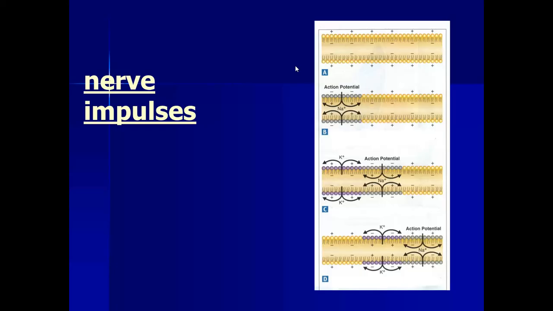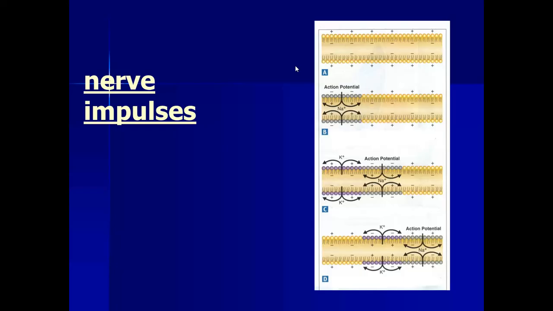The unequal distribution of the ions, with more on one side than the other, creates a difference. If there are more positives on one side, the other side is negative with reference to that side. The resting membrane potential is that difference, the difference in charge across the membrane when the neuron is not under an impulse, not firing an impulse.